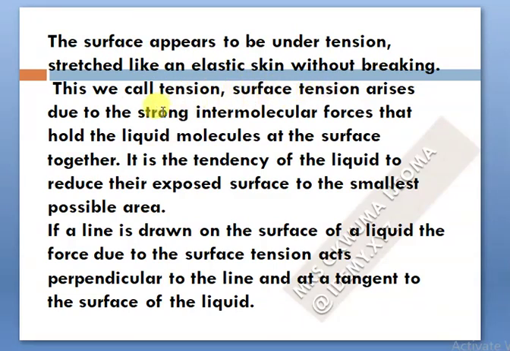Surface tension arises due to the strong intermolecular forces that hold the liquid molecules at the surface together. It is the tendency of the liquid to reduce its exposed surface to the smallest possible what? Area. Now, if a line is drawn on the surface of a liquid, the force due to the surface tension acts perpendicular to the line and at a tangent to the surface of the liquid.